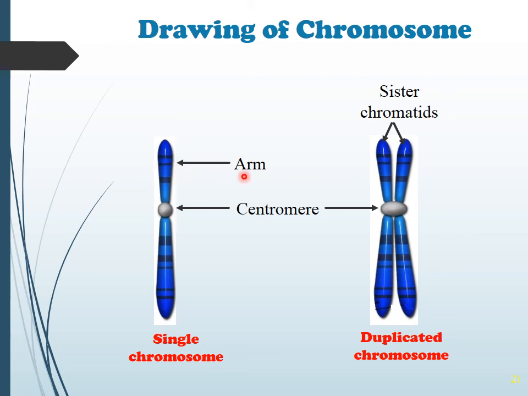Instead of chromatid you can write arm also. But when it comes to a duplicated chromosome, we will not use the label arm; we will use the terms sister chromatids and centromere. Remember, a duplicated chromosome will have 4 chromatids, 1, 2, 3, 4, while a single chromosome will have only 2 chromatids, 1 and 2.